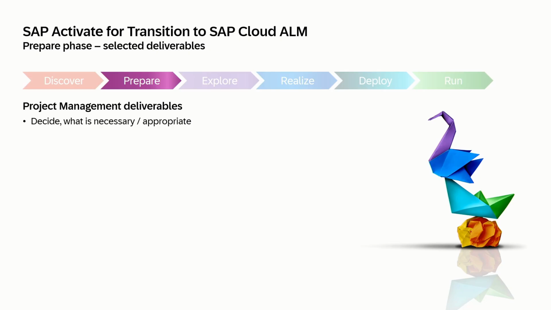But there might also be bigger transition projects which certainly need certain project management. The content is inside. I have to say we have taken that from the Activate roadmaps for S/4. That is no ALM-specific content. It's generic project management content.